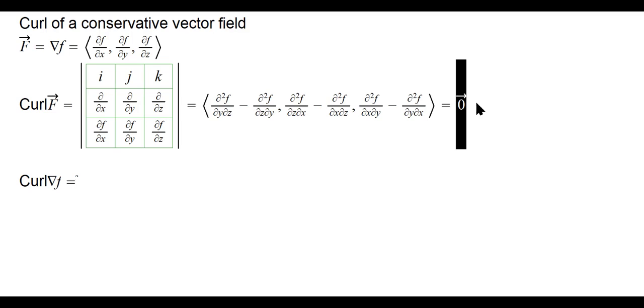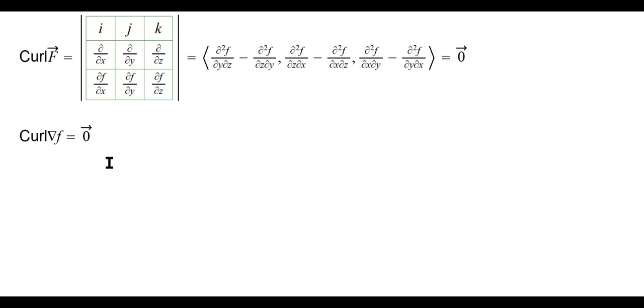And if we want to look at the converse, what we saw was, F is conservative, that implies that the curl of F is 0.